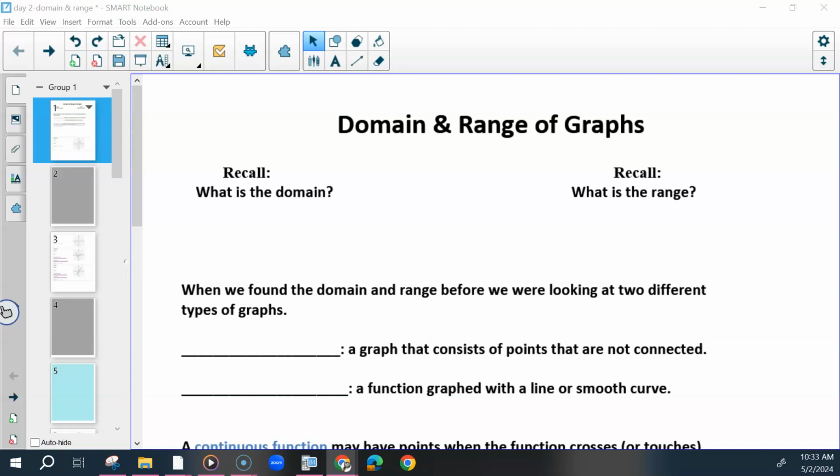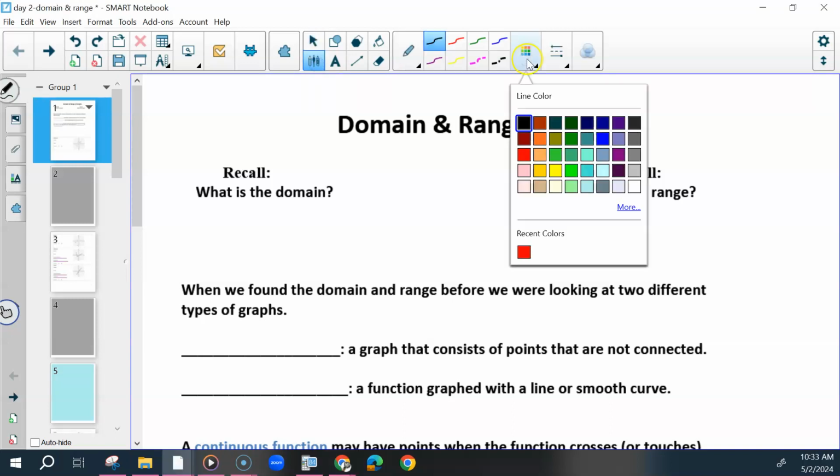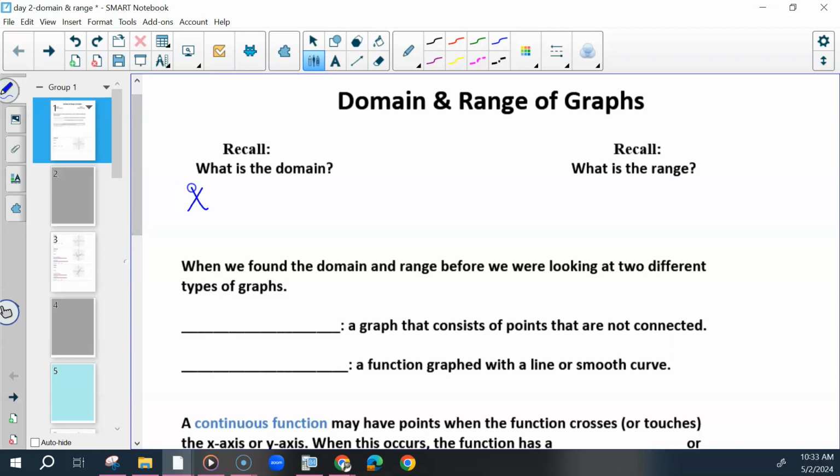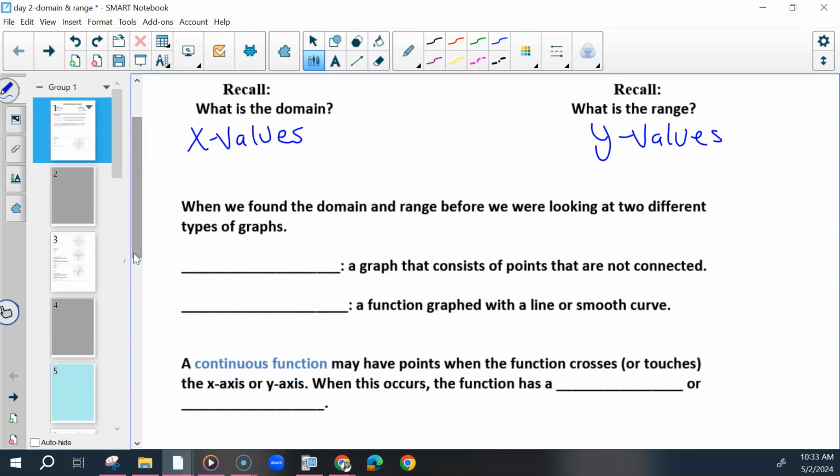We talked about that previously, but now we're just going to talk about it with all different functions and graphs. So, as a reminder, our domain is what? The x. Range, the y. And when we talk about the domain and range, it depends on what type of graph it is that will help us determine how we write the domain and range.